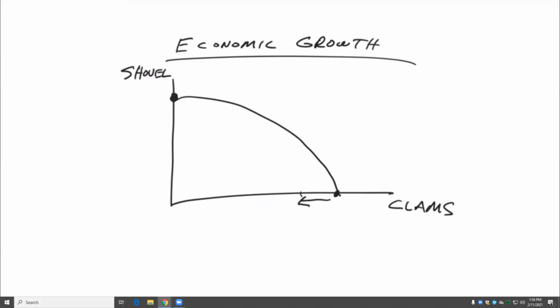So, let's suppose, let's give this a number. If you are going to build that shovel, okay, you're going to have to give up 3 clams.